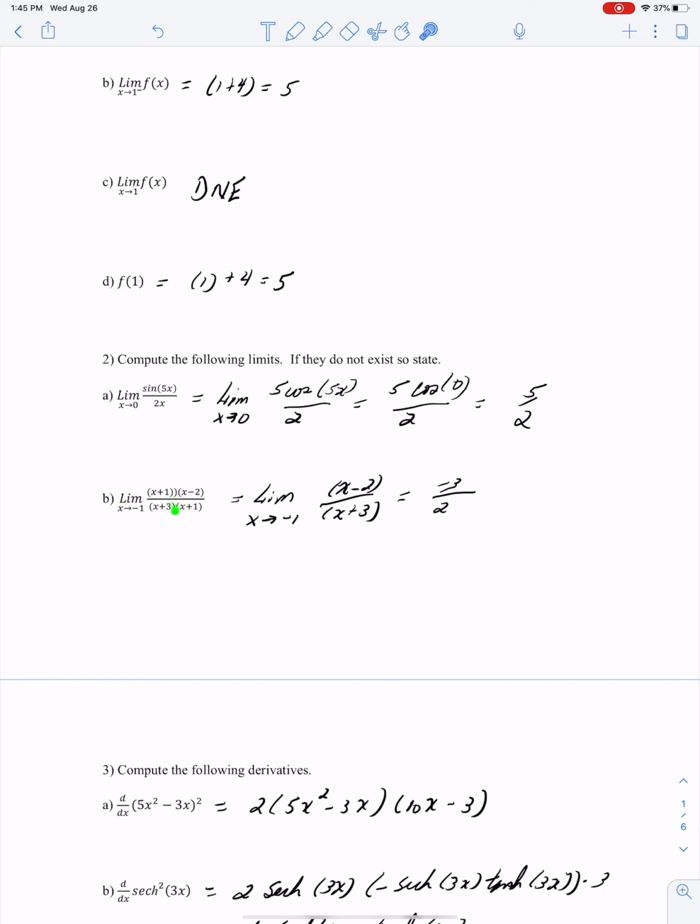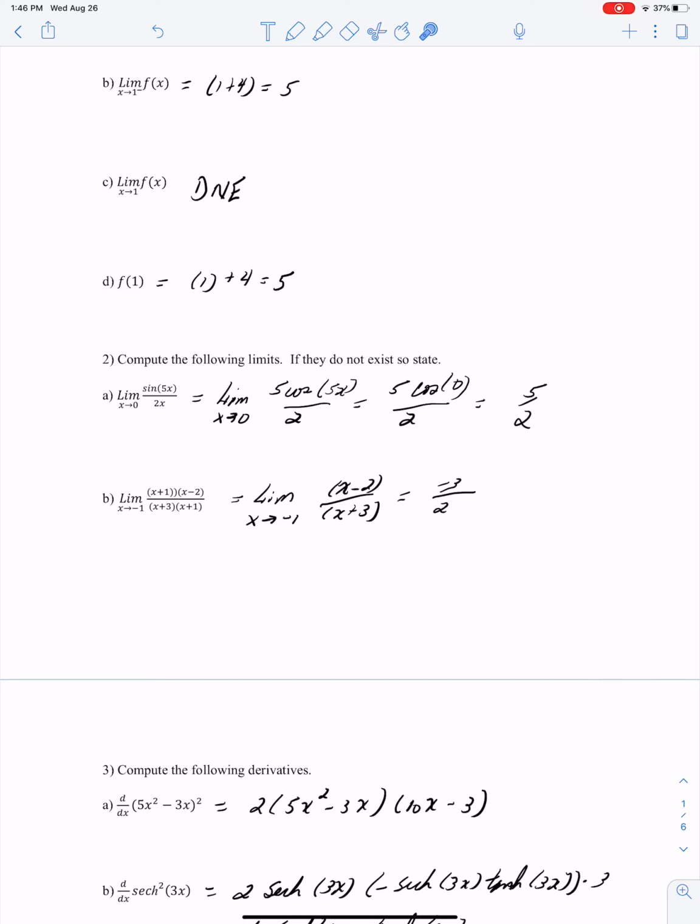The next problem, if I want to compute the limit as x tends to minus 1 of this fraction right here, I notice that if I plug in minus 1, I get 0 over 0 again. So I have several options. One is I could multiply things out, use L'Hopital's rule, or I could use the product rule on the top and the product rule on the bottom, but that's very hard.